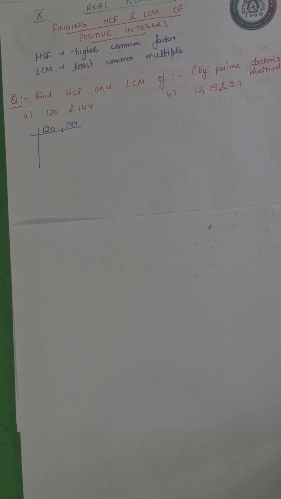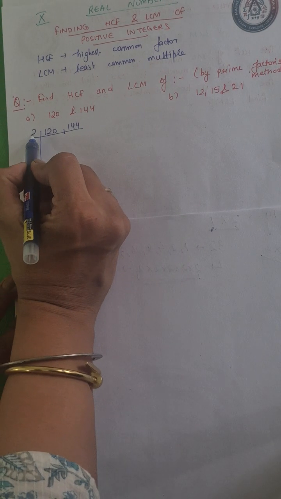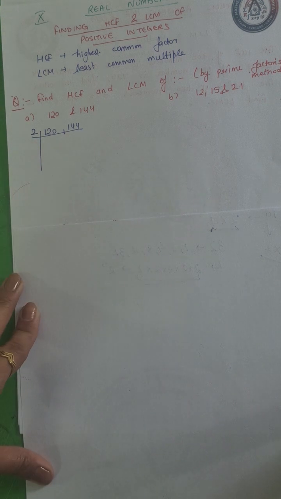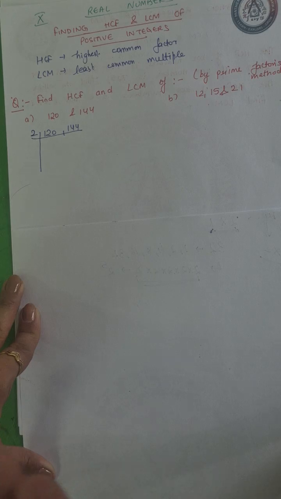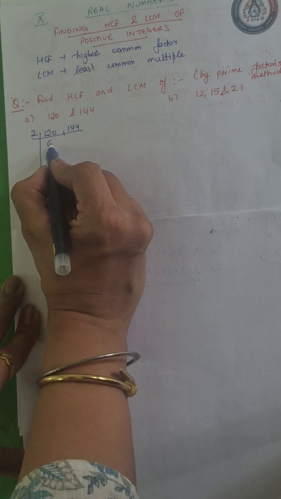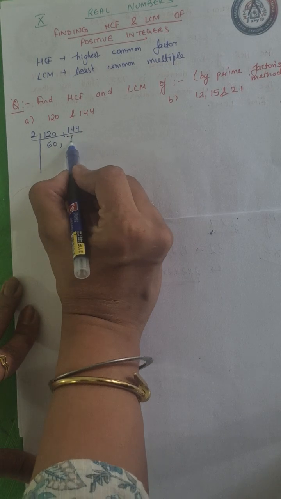So I will make a separate reel and explain the concept of divisibility rules. So both the numbers are divisible by 2. 2 multiplied by what gives you 120? That is 2 times 60. And 2 multiplied by what gives you 144? That is 72.